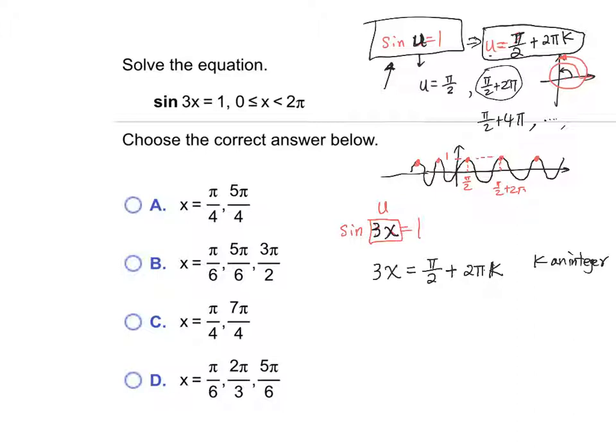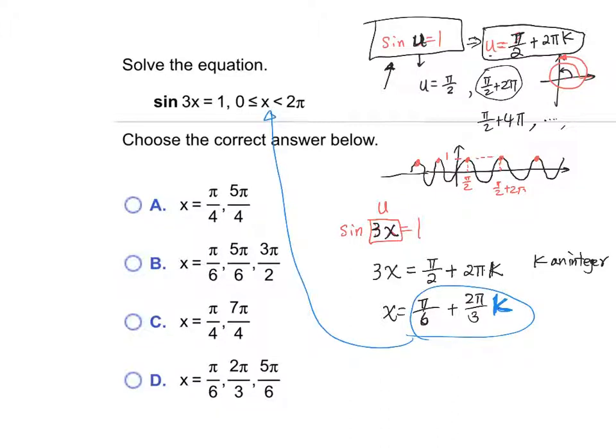Now, of course, when I divide both sides by 3, I'll get pi over 6 plus 2 pi over 3 times an integer k, right? Now, I just need to figure out what k values make this result fall in the interval from 0 to 2 pi, excluding the 2 pi.